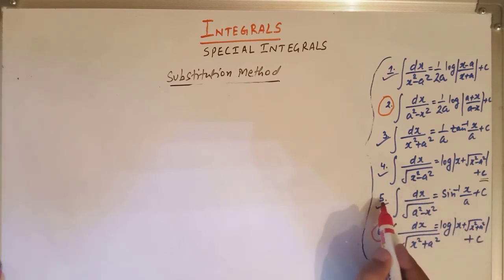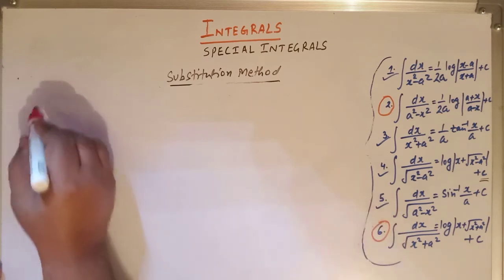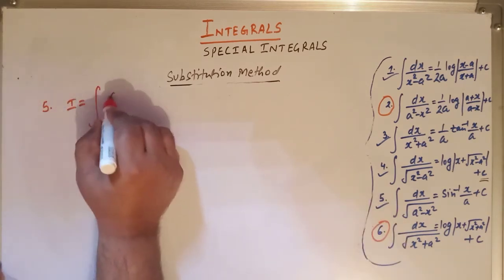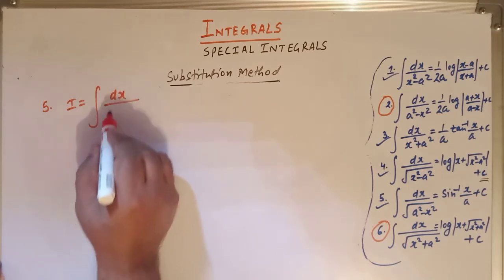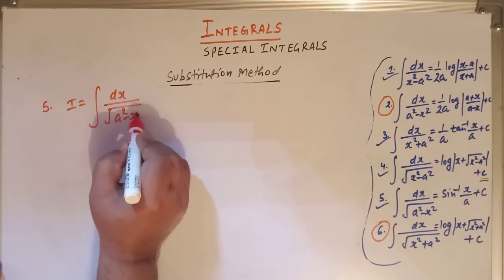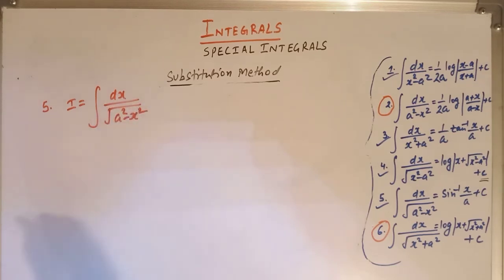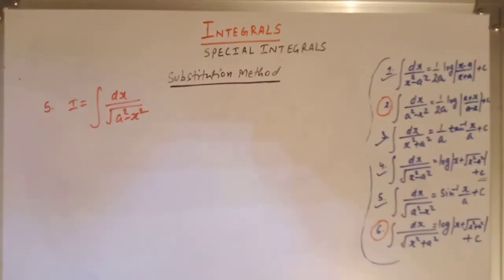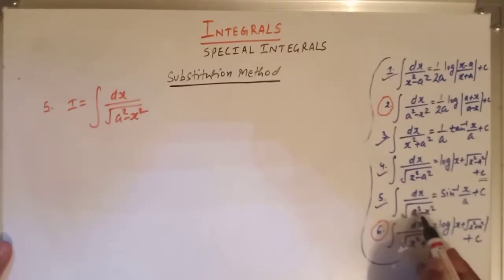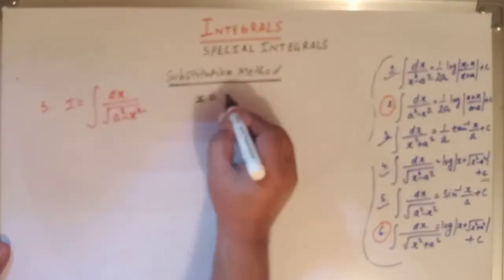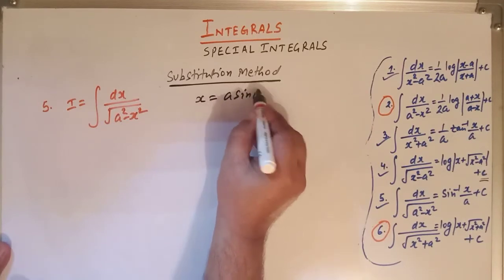So let us derive this integral number 5. We have I is equal to the integral of dx divided by square root of a square minus x square. Let us derive this again using the substitution method. The appropriate substitution is x equal to a sine theta.